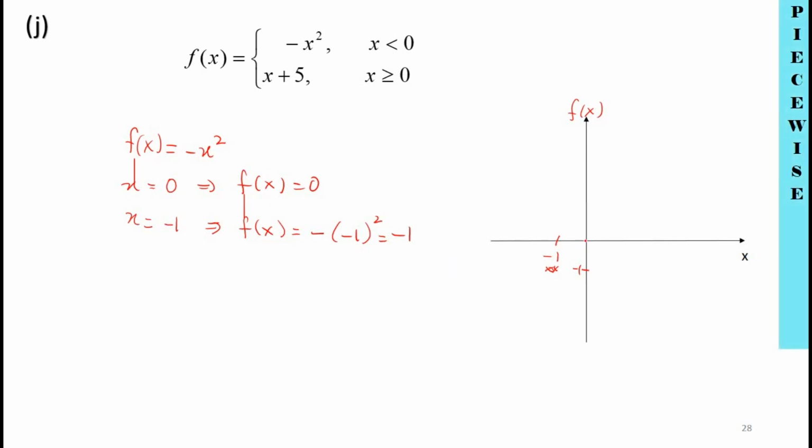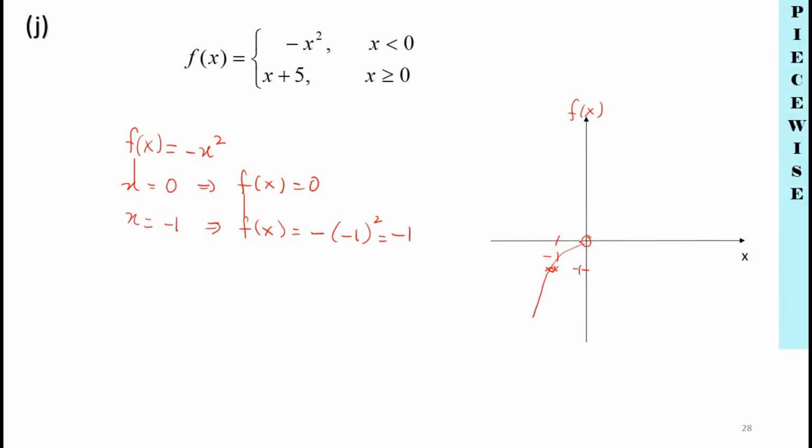Sorry for the problem. So this is an empty circle, and then we just continue here. So this is the graph for f(x) equal to negative x squared for x less than 0.